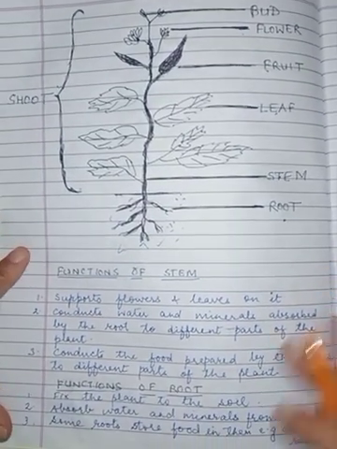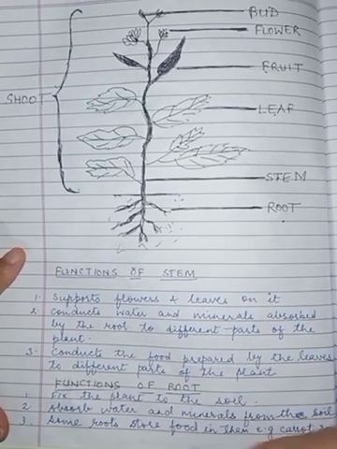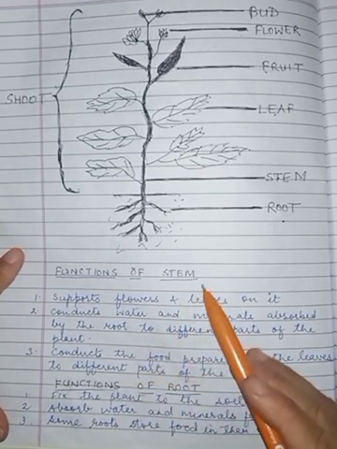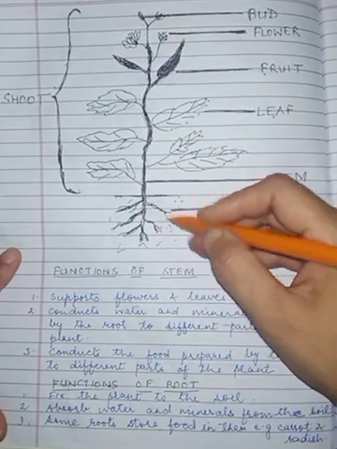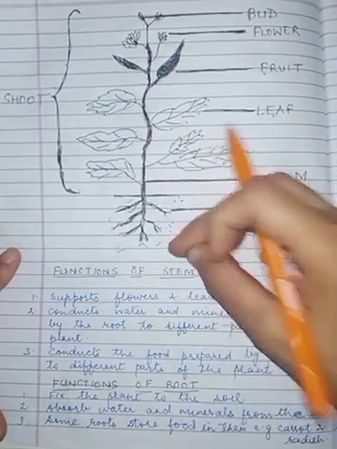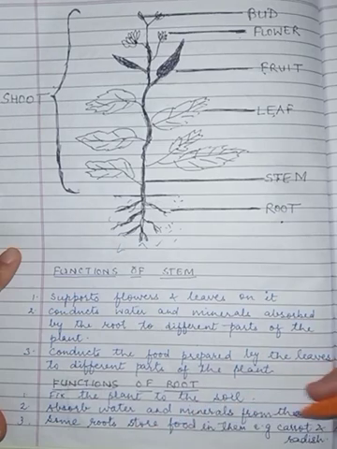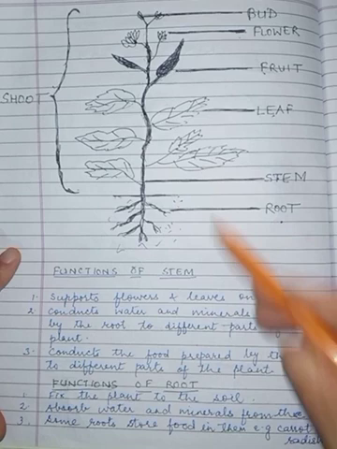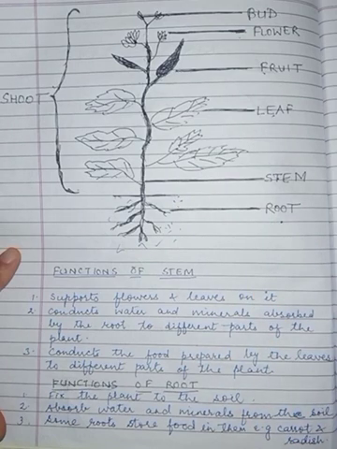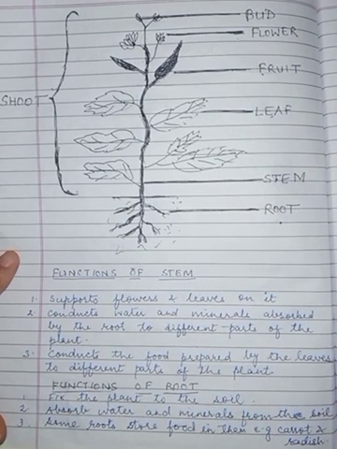Now next is functions of root. What is the function of root? As I told you, it fixes the plant to the soil. It absorbs water and minerals from the soil. Some roots store foods in them. For example, carrot and radish.